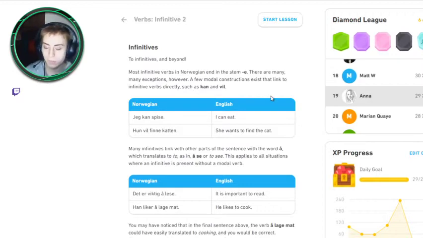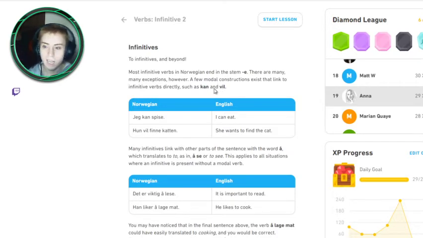Modal verbs, I'm not sure of the exact definition, but there are different kinds of verbs. There are verbs that are actual actions, and verbs that are more thoughts, more abstract actions.